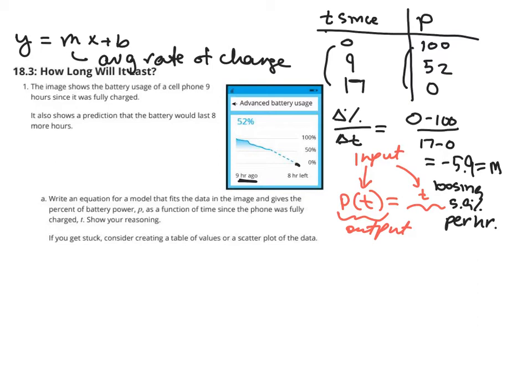All right. Well, let's look at the rate of change in the first 9 hours. Let's make sure that we have similar rates of change. So for the first 9 hours, I'm going to get 52 minus 100 over 9 minus 0.